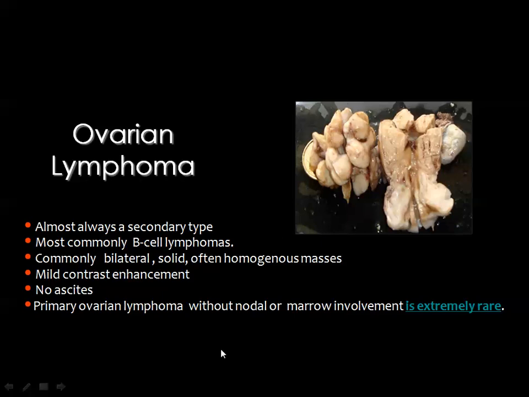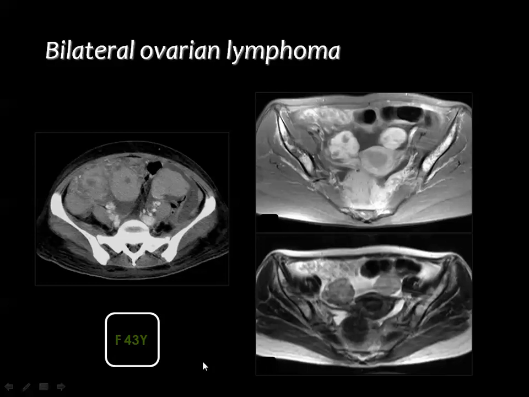Then mild contrast enhancement is usually seen, and many times you do not see ascites, as you can see in the metastatic ovarian tumors. And this is a proved case of bilateral ovarian lymphoma by CT. You see two masses in both ovaries.